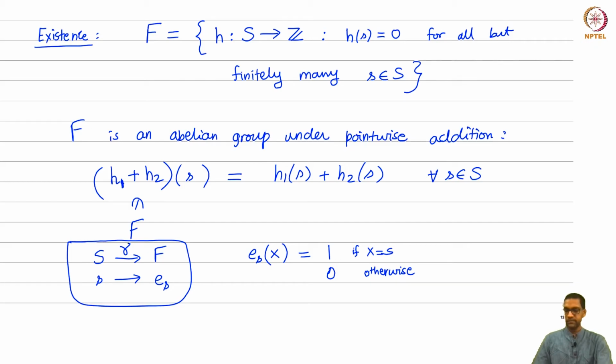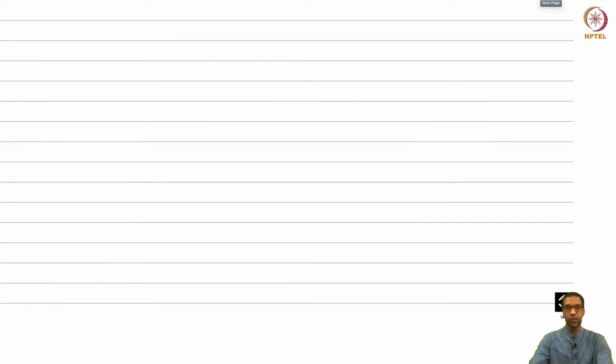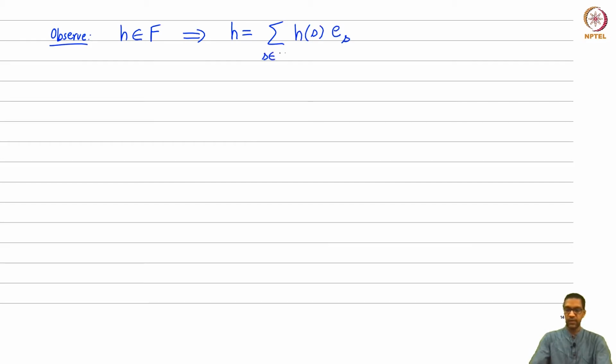Okay, now observe that if I define these functions e_s in this manner, then these are like the coordinate functions, if you wish. So every element of F, these form some sort of basis over Z. Given any element h of F, it can be written as the sum of h(s) e_s, where s runs over S, but really this is only a finite sum, because h is a function of finite support.